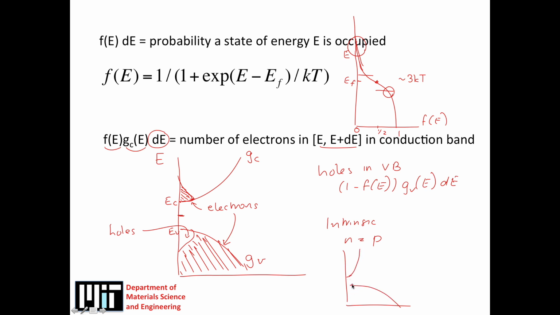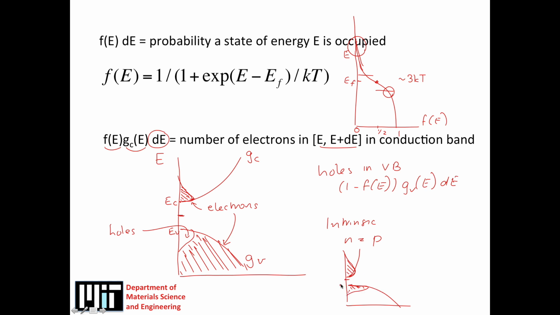If I now have to have the same number of holes here as I have electrons here, then this area has to be equal to this area. And that tells me that the Fermi level is not going to be in the middle of the band gap. It's going to be somewhere higher up in the band gap so that we can have a bigger tail here to compensate for the larger density of states in the valence band.